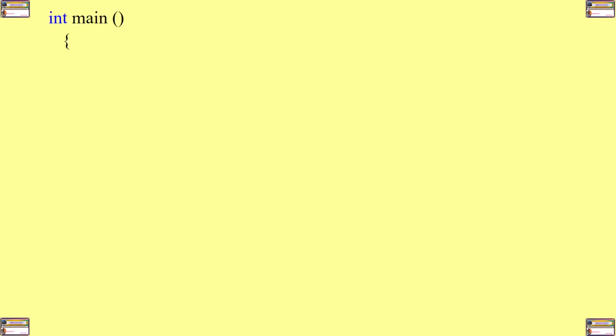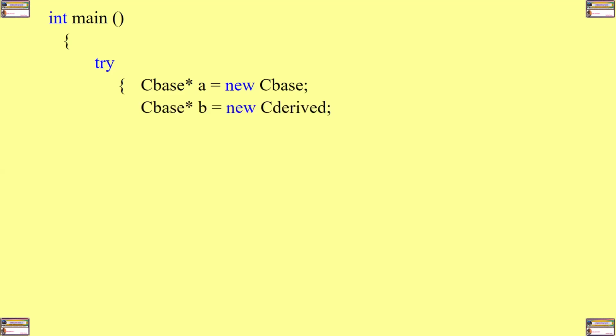Then we have the main function, and we have the function try, and we have a new CBase being created, and the result is being assigned to A, which is a pointer to the CBase class.